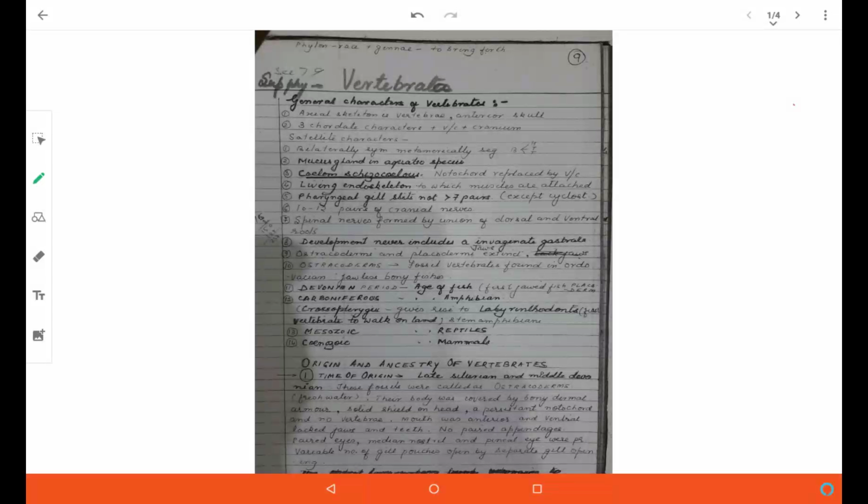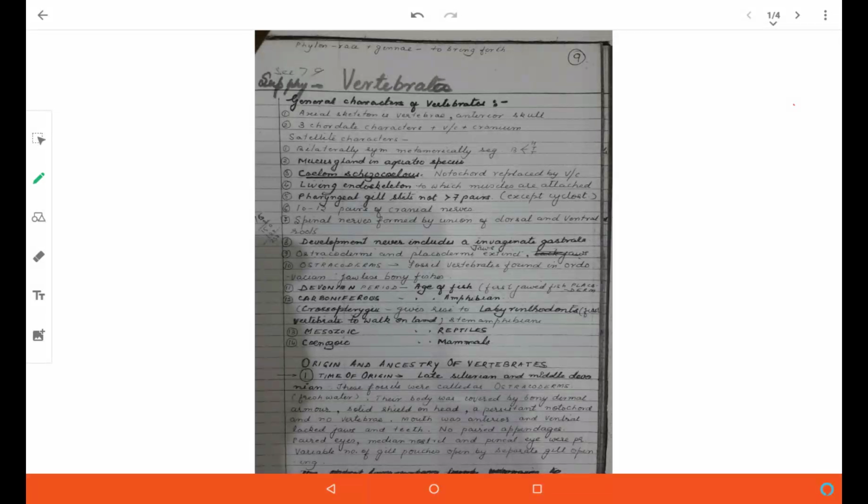Among the general characters, first of all, the vertebrates have an axial skeleton in the form of vertebrae, and anteriorly placed is the skull encasing the brain. The vertebral column and the skull together form the axial skeleton.